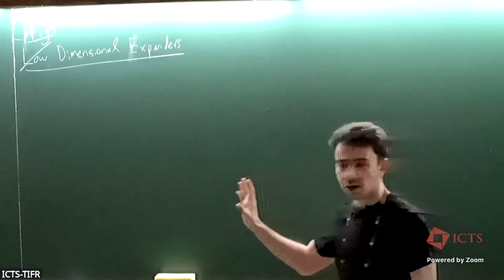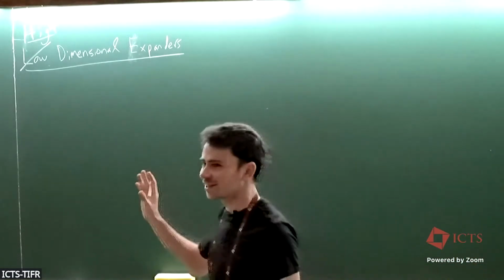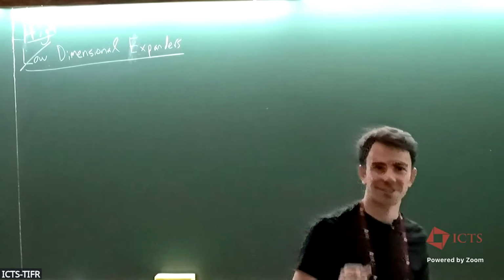So in the past 10 to 15 years, there's been a concerted effort in the community to push the success of expander graphs from, depending on how you look at it, either 1 or 2 dimensions to higher dimensional objects that will fix this gap. And we'll discuss explicitly some examples over the next 3 or 4 lectures on high dimensional expanders where these gaps actually got resolved using this theory.